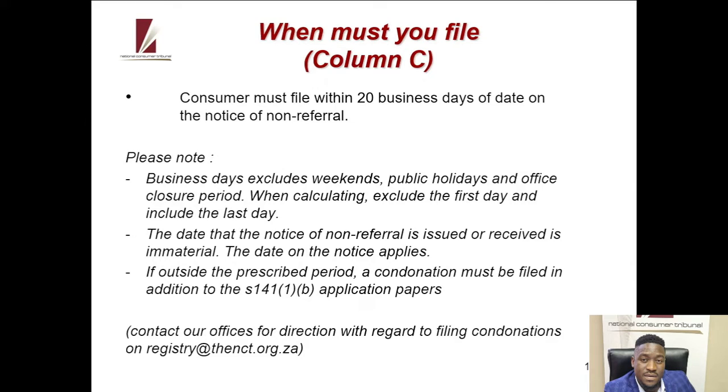If the application is filed outside the prescribed period, a condonation must be filed along with the Section 141 application papers. You may contact our offices for direction with regard to filing condonations.